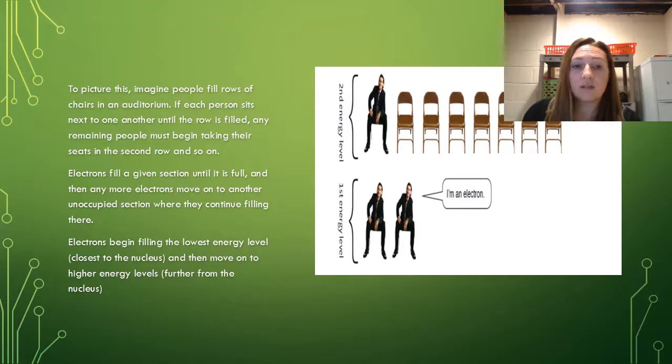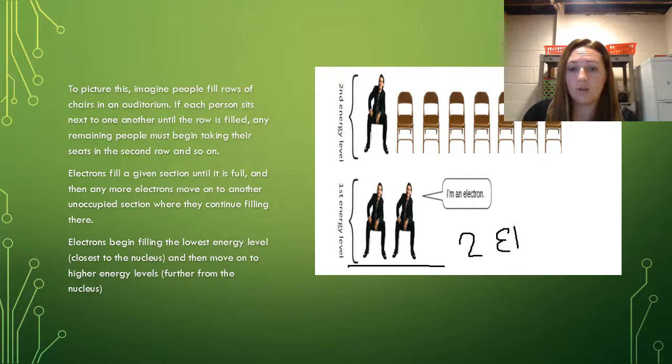So once the electrons fill their row or their energy level, they have to move to the next energy level and fill that up. Electrons begin filling the lowest energy level, which is closest to the nucleus, and then move on to the higher energy levels, which are further from the nucleus. So if we're looking here, the first energy level can only take 2 electrons.